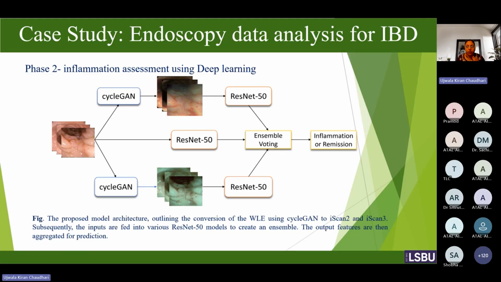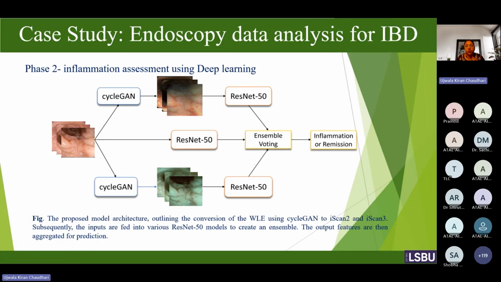Then we just take the results of each of these models, what each of them said individually. So it's basically ensembled voting. Three different classifiers are grouped together to come up with the decision whether there is inflammation or remission. Since there are only three models here, the majority always wins.